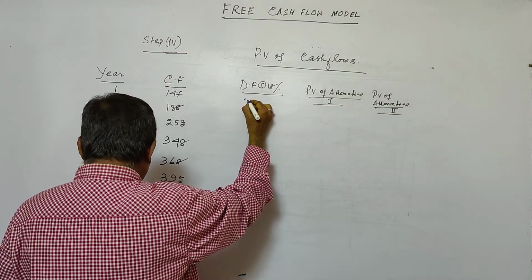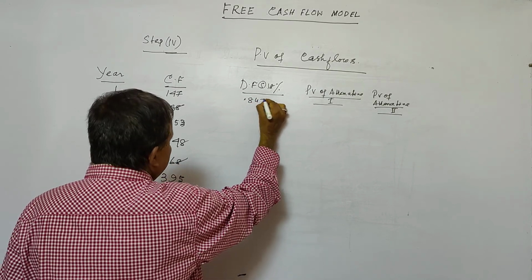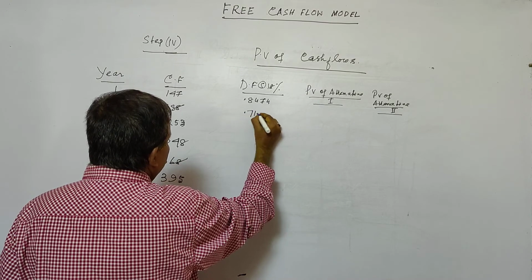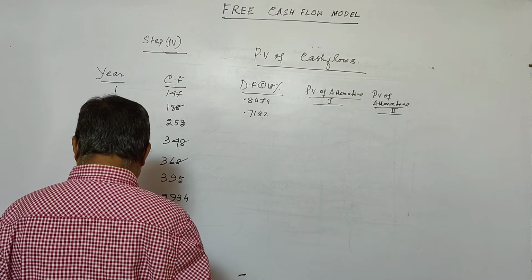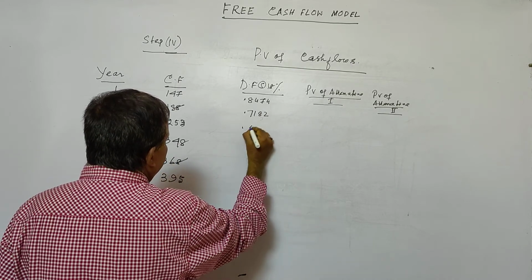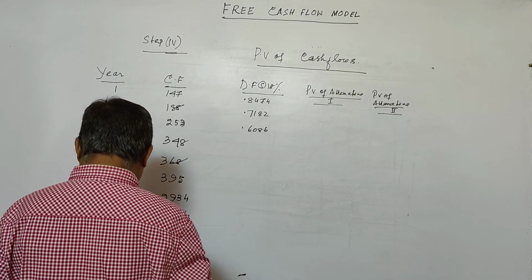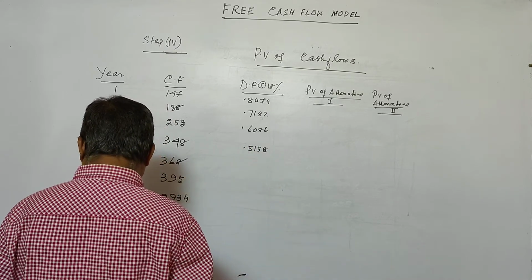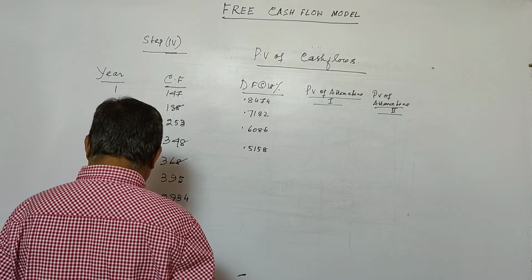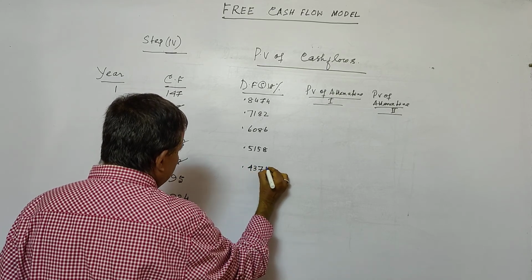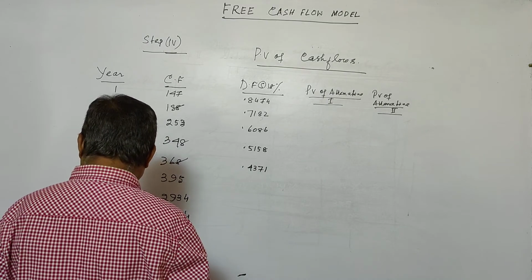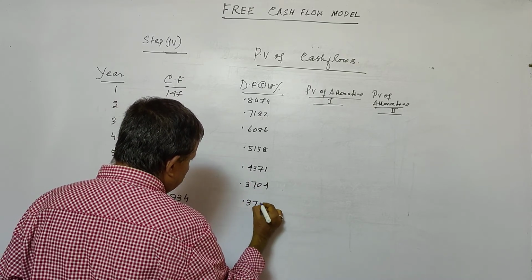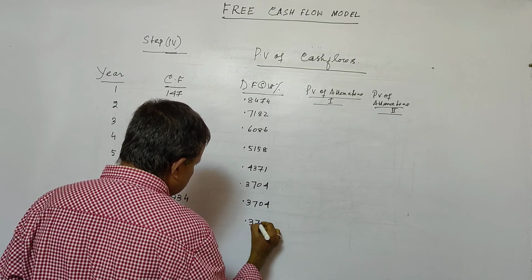This is 0.8474, 0.7182, 0.6086, 0.5158, 0.4371, 0.3704. Here also 0.3704.